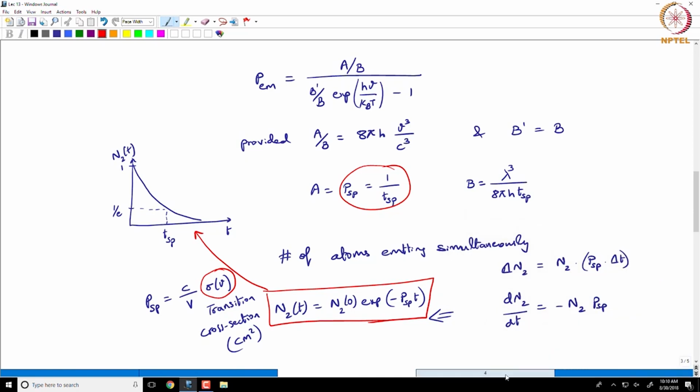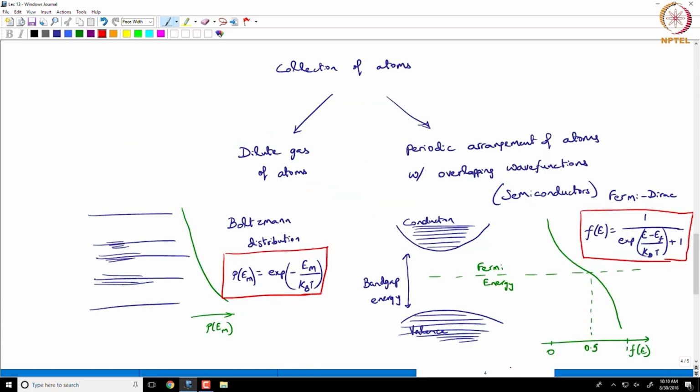So, beyond that, we went on to looking at, so we were defining what type of atomic systems that we are going to deal with.